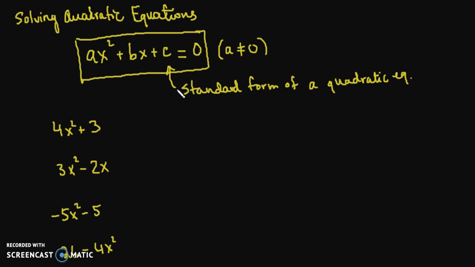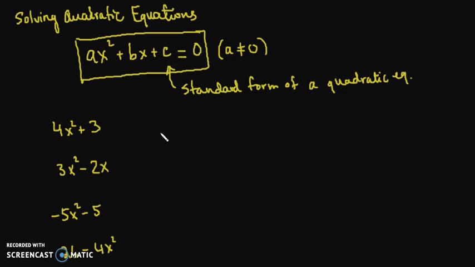Like the quadratic functions, you need to be able to point out the a, b, and c of quadratic equations. Very similar to quadratic functions, a is the coefficient in front of x squared, b is the coefficient in front of x, and c is a constant.